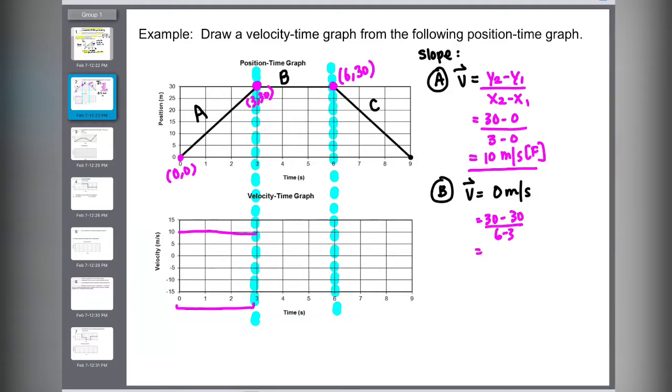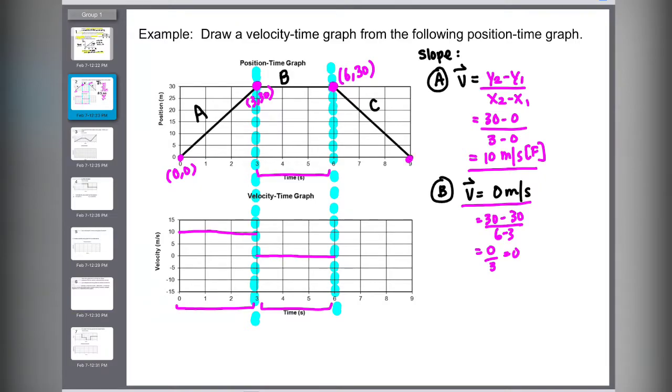The calculation is 30 minus 30 over 6 minus 3. 0 divided by 3 is 0. So they're telling you between 3 to 6 seconds, the velocity is 0. So I find the 0 line and I draw a horizontal line right here.